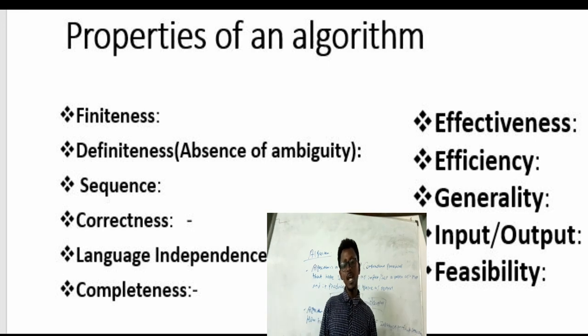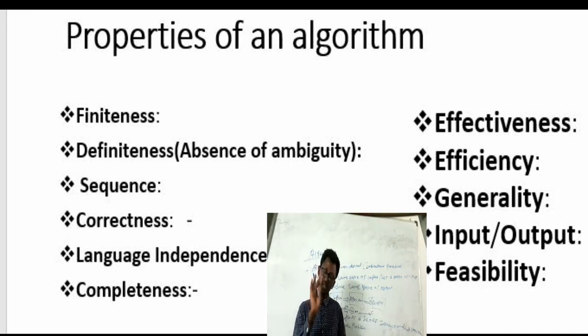Language independence: it must not depend on any programming language. After you design the algorithm, or sequence of steps to solve a given problem, you can use any programming language to change the designed model to software or an application.